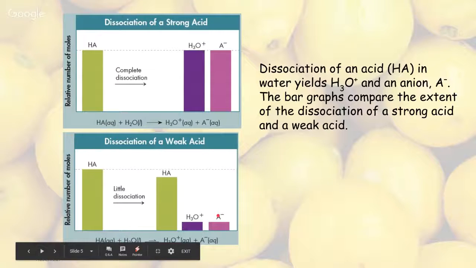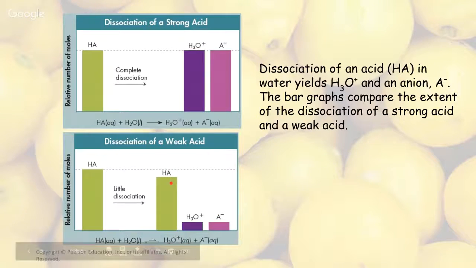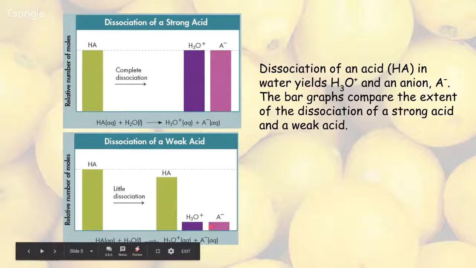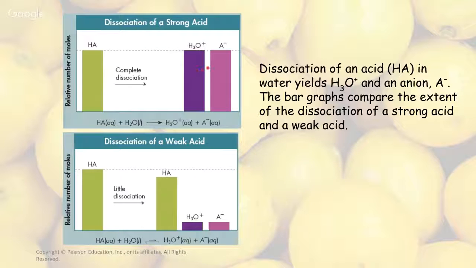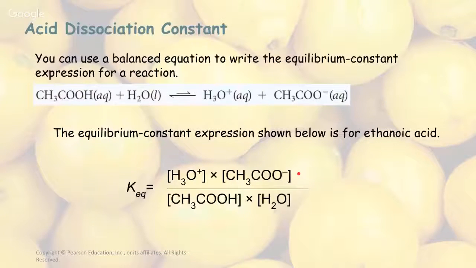But take a look at the concentrations. The concentration of the actual acid has decreased a little bit, and the hydronium and the anion have increased a little bit. But for the strong acid, the concentrations of hydronium and the anion are equal to that of the acid before it had dissociated.